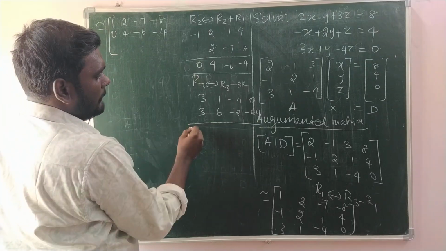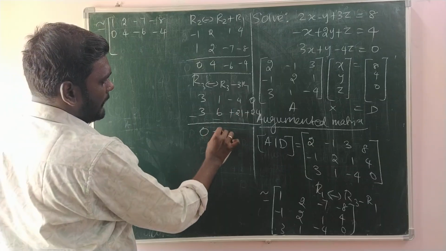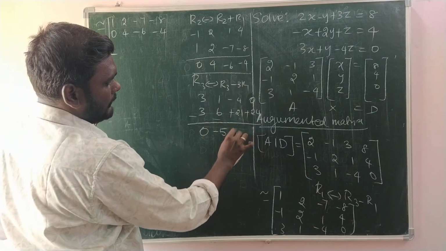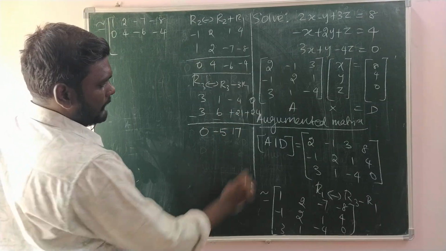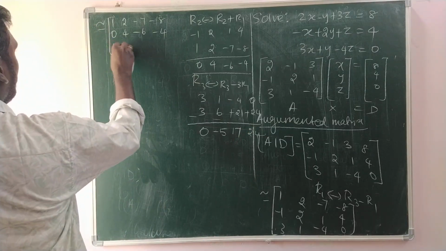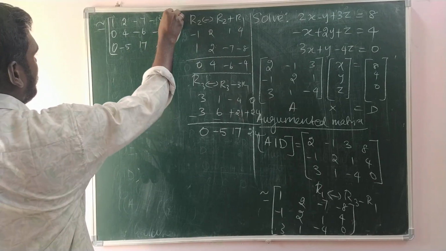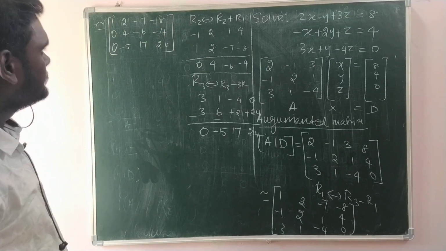Now we should subtract: minus minus plus, plus. So this will become 0, minus 5, 17, and 24. That is new R3: 0, minus 5, 17, 24. Okay, any doubts on this?